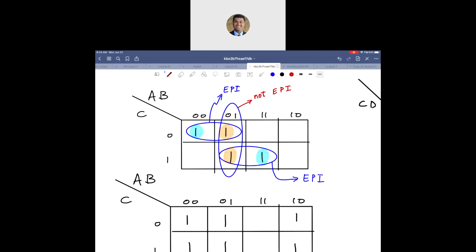I hope you see the definition being at work here. In other words, even if you were to remove the non essential prime implicant, you would still have full cover on all the ones.